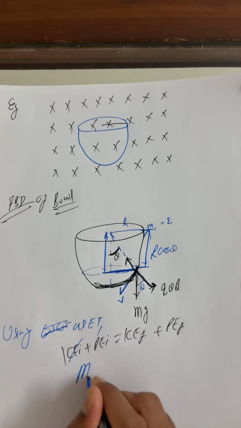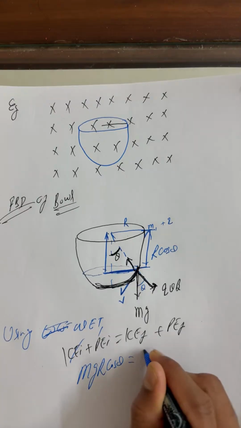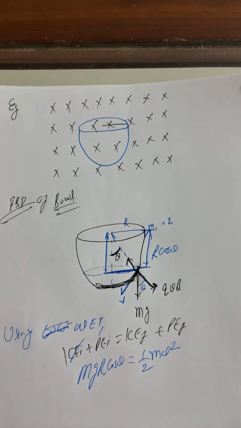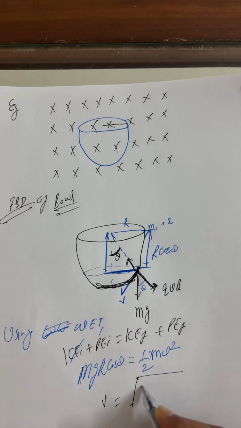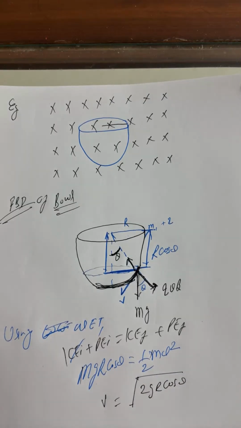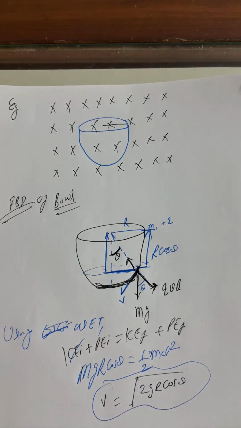This is mgr cos theta, which equals half mv square. The m cancels, so v is equal to root of 2gr cos theta.